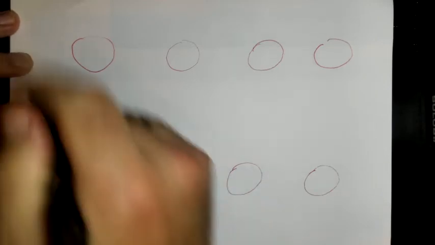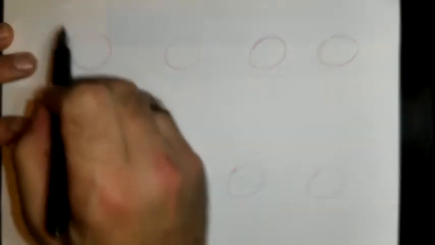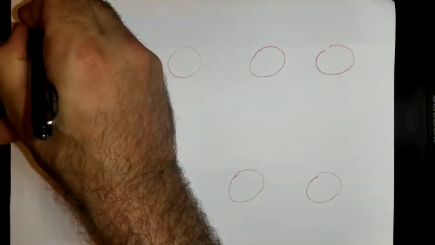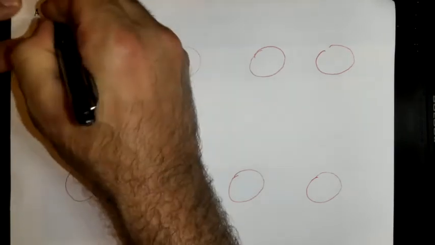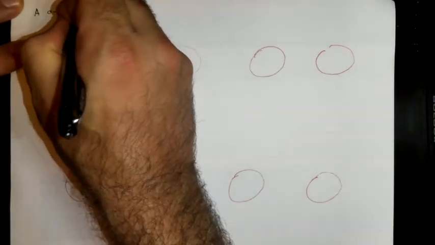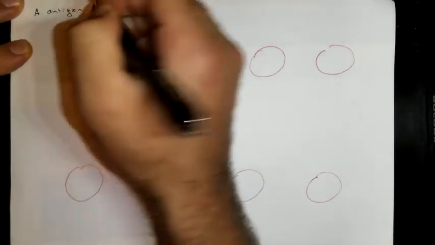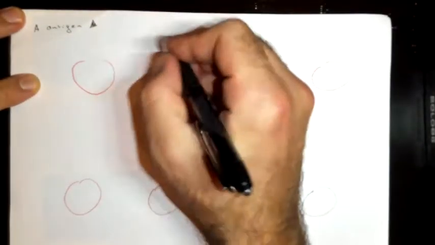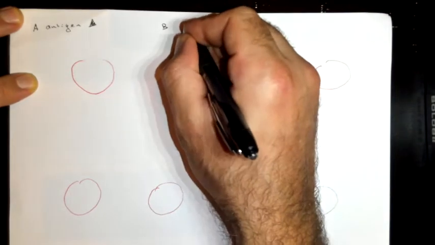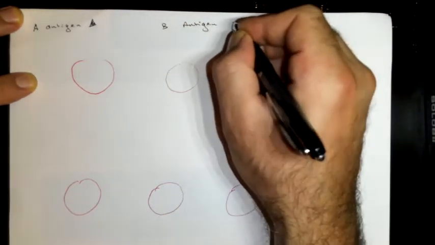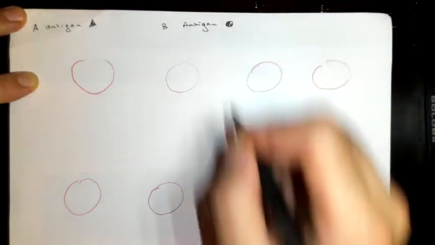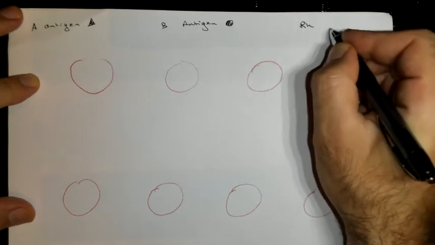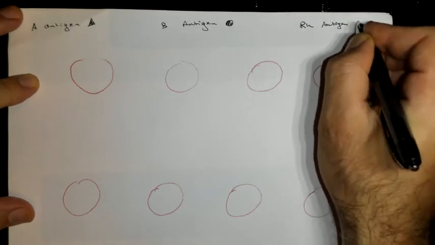So let's make a key up here, and for this lecture, I'm going to make the A antigen a triangle. I'm going to make the B antigen a circle, and I'm going to make the Rh antigen a square.